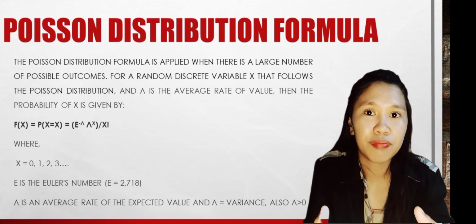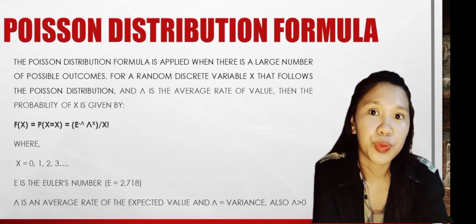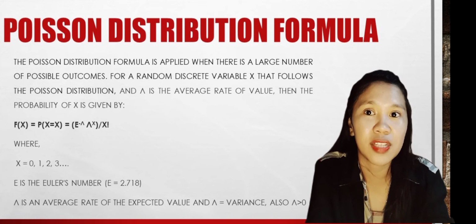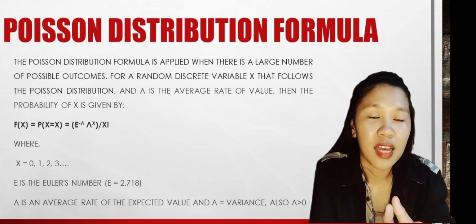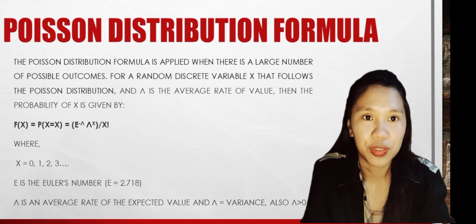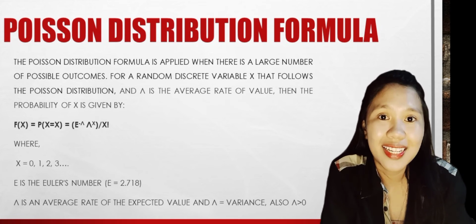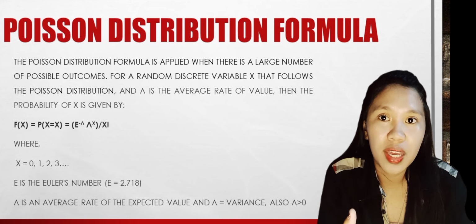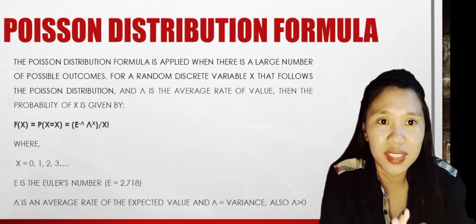For a random discrete variable x that follows the Poisson distribution, where lambda is the average rate of value, the probability of x is given by f(x) = P(X = x) = e^(-lambda) lambda^x / x!, where x = 0, 1, 2, 3, and so on, e is Euler's number, which is approximately 2.718, lambda is the average rate or expected value, lambda is also the variance, and lambda is greater than 0.